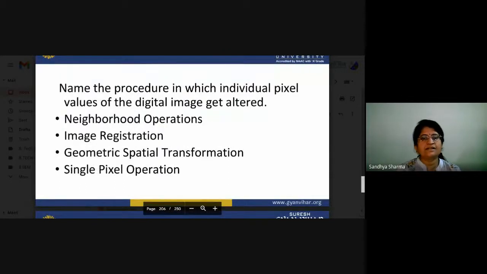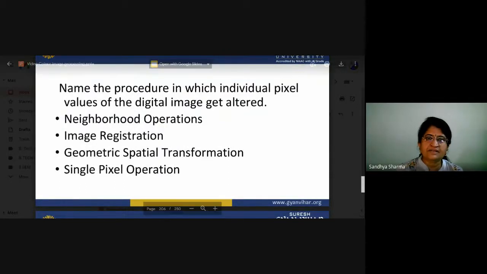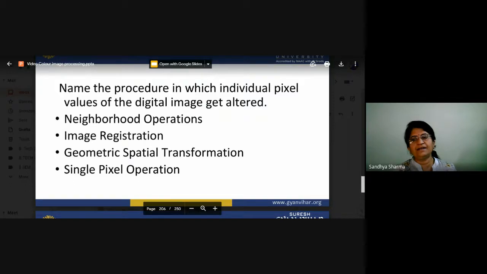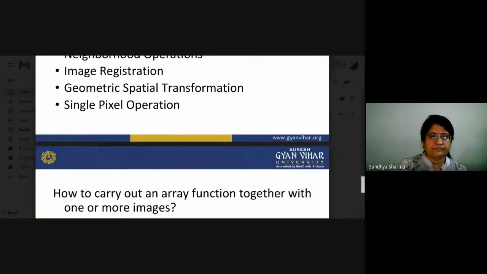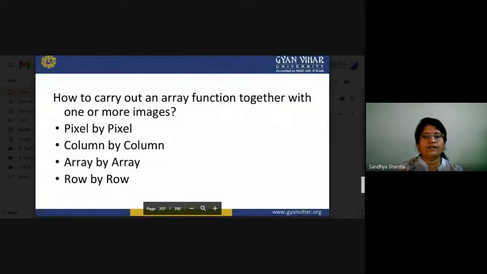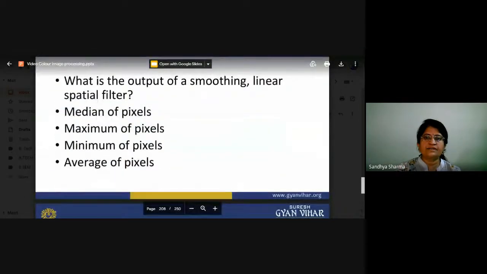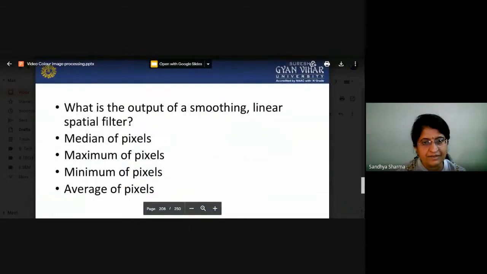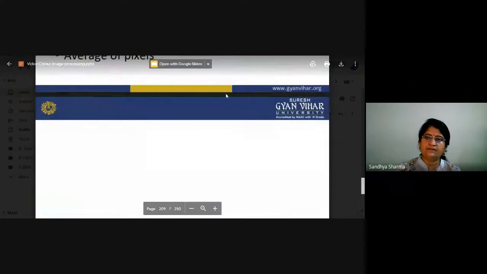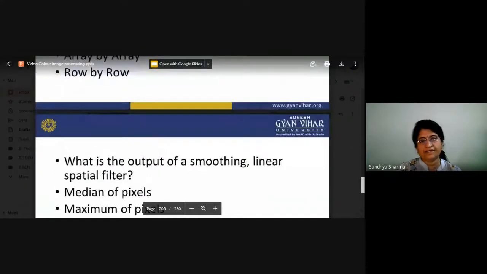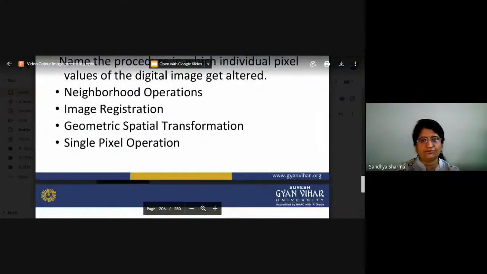Name the procedure in which individual pixel values of a digital image get altered, and how to carry out an array function together with one or more images. That will be either pixel by pixel or column by column, so you have to know about it. What is the output of a smoothing linear spatial filter? That is the average value, so you have to know about it properly.